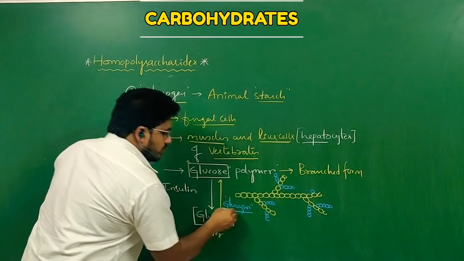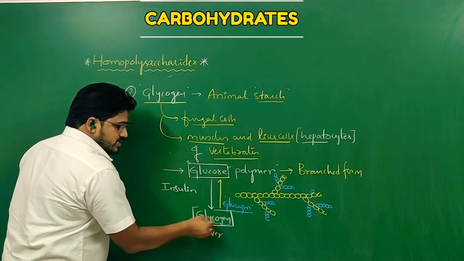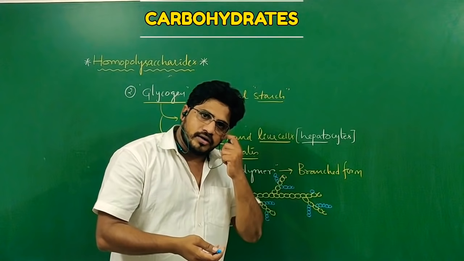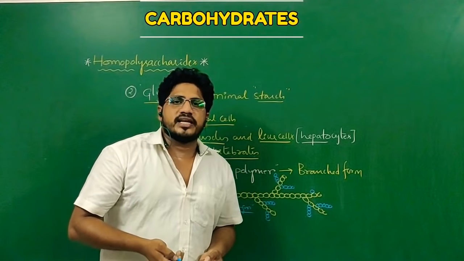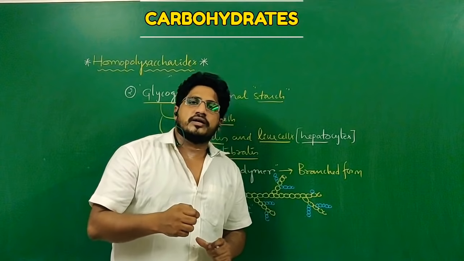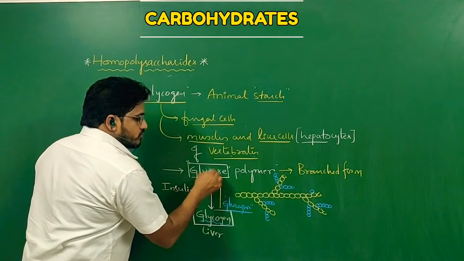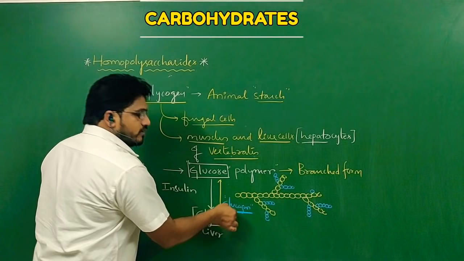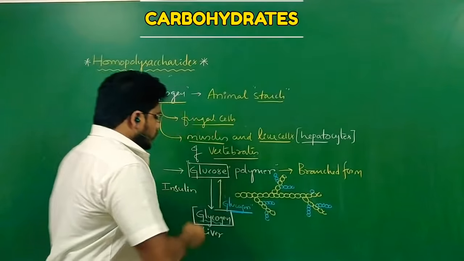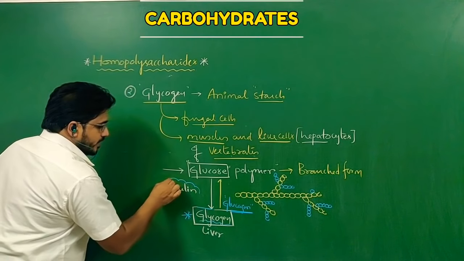Glucagon is a hormone which helps to convert glycogen into glucose. Glycogen is an animal starch. During fasting, whenever you avoid food, one major source in our body is present in the liver, and a minor source of glycogen in our body is muscle cells. So from glycogen, glucose molecules will be liberated by the action of glucagon. When glucose levels increase in our blood, the glucose will be stored in the liver in the form of glycogen with the help of insulin.